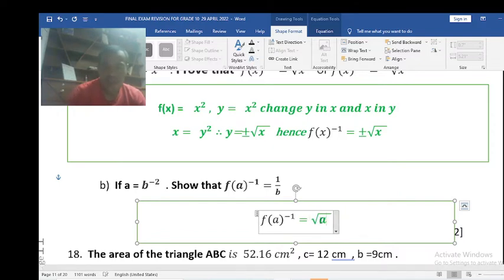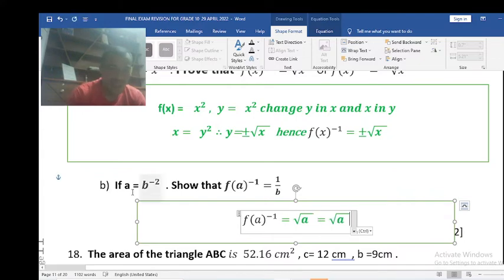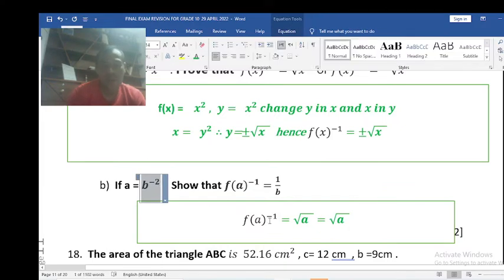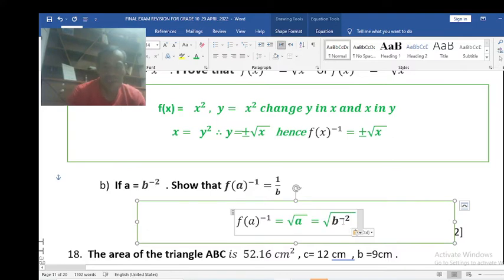Then a is equal to b to the power negative 2, so we have the square root of b to the power negative 2.